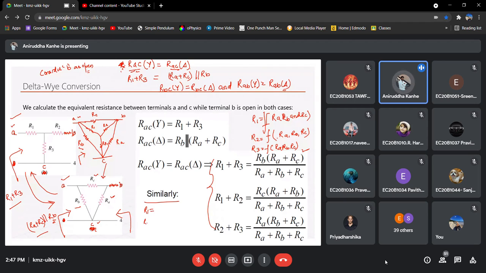Do you remember that? Have you studied this? Yes, sir. Again, there is a shortcut to recall it, right? Do you remember that? What is that shortcut? Yes, sir.